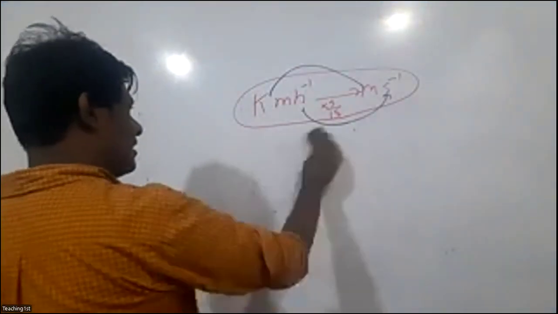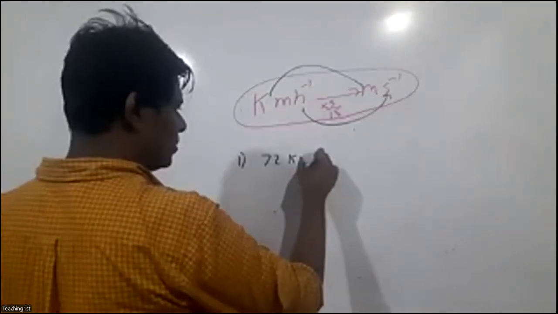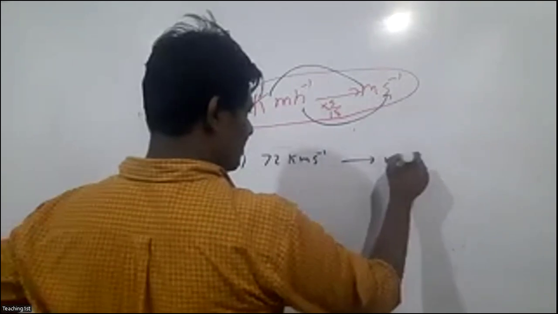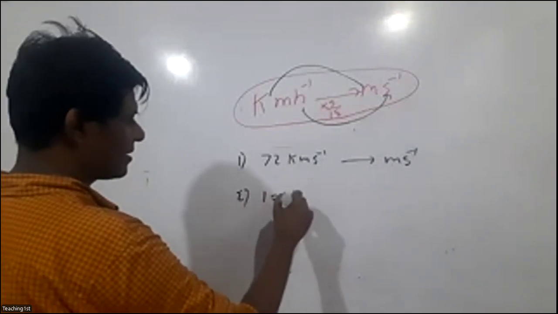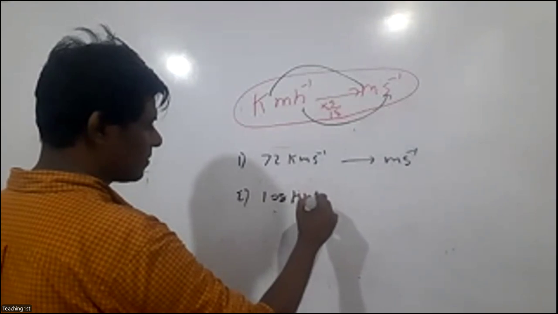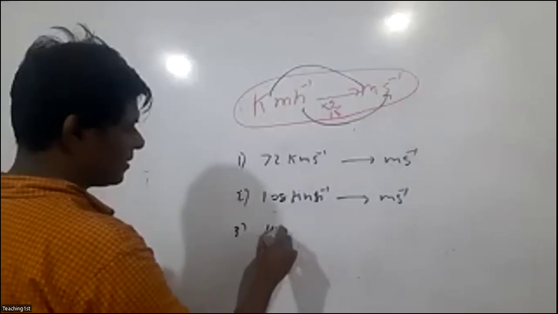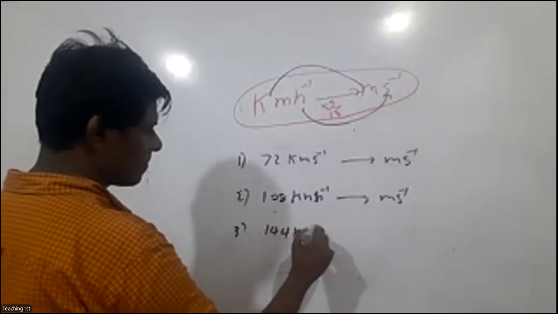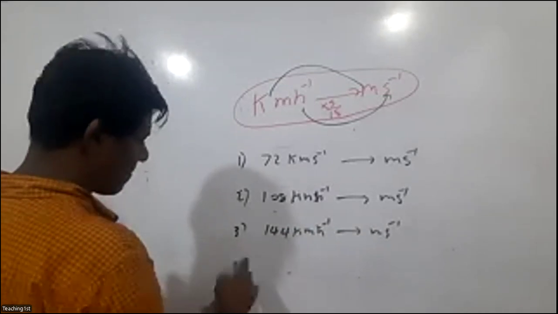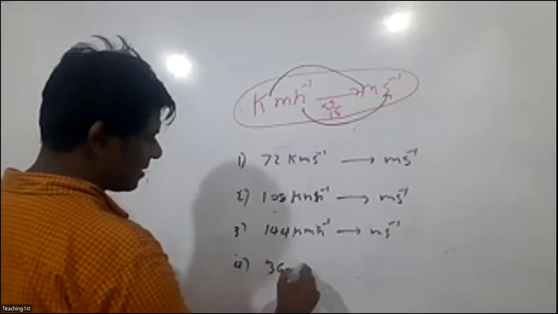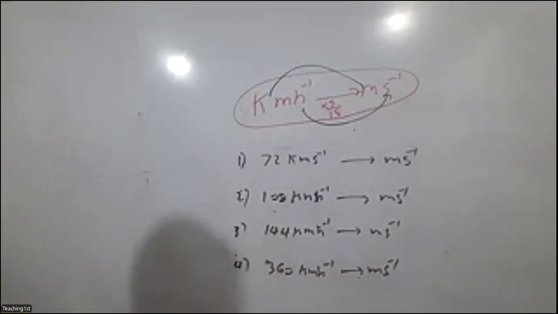You can get an idea from here. 72 kilometers per hour to meters per second. 108 kilometers per hour to meters per second. 144 kilometers per hour to meters per second. 360 kilometers per hour to meters per second. Try these 4 questions yourself quickly.